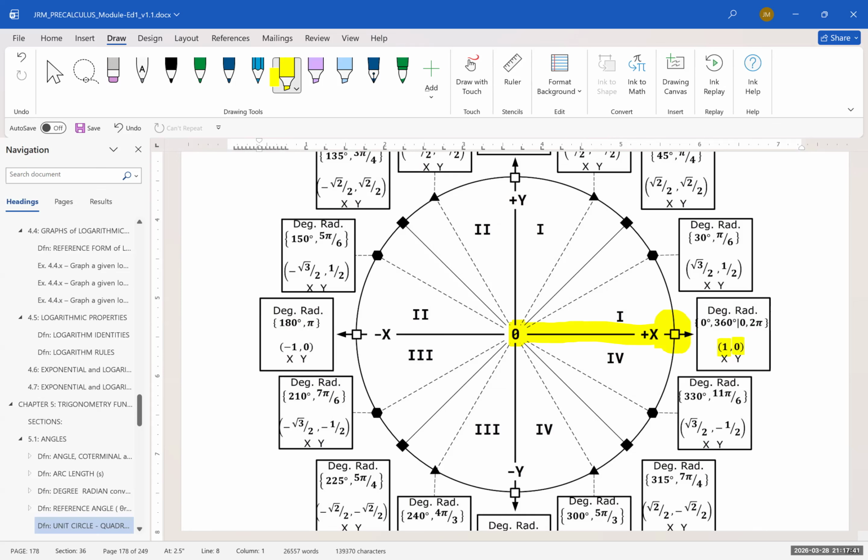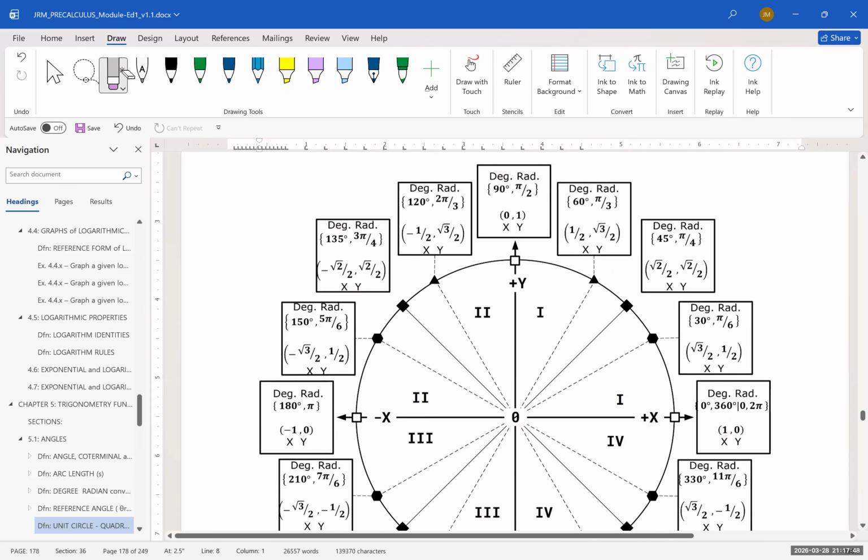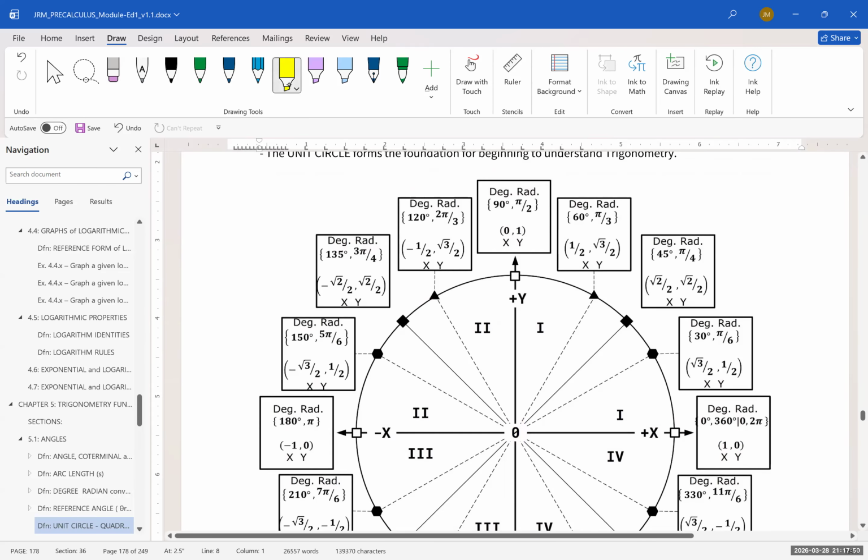That's the coordinate of this point right here. And as we go up from 0 and arrive at this point, the coordinate of that point on the unit circle is 0 on the x, 1 on the y. So it's gone 1 up.